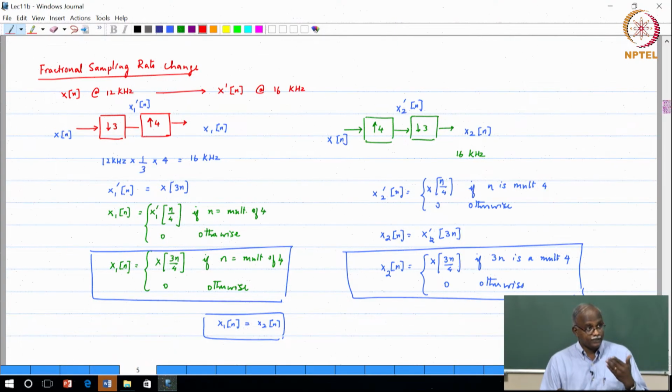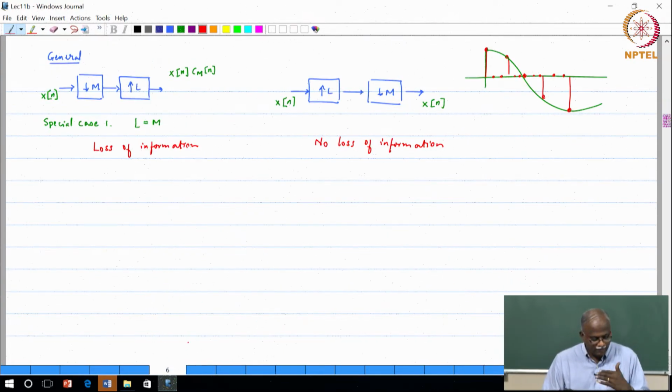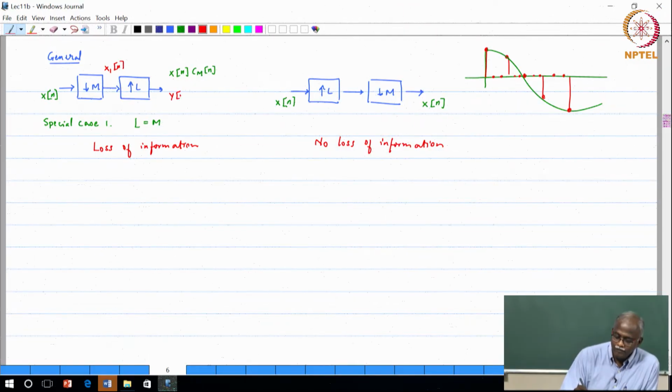Now can I make the general assumption that I can always interchange when they are not the same? We will work out in a very careful manner how such a question is supposed to be answered, but maybe just let me start by giving you the framework. Let us say that this is x1 of n and this is y of n.